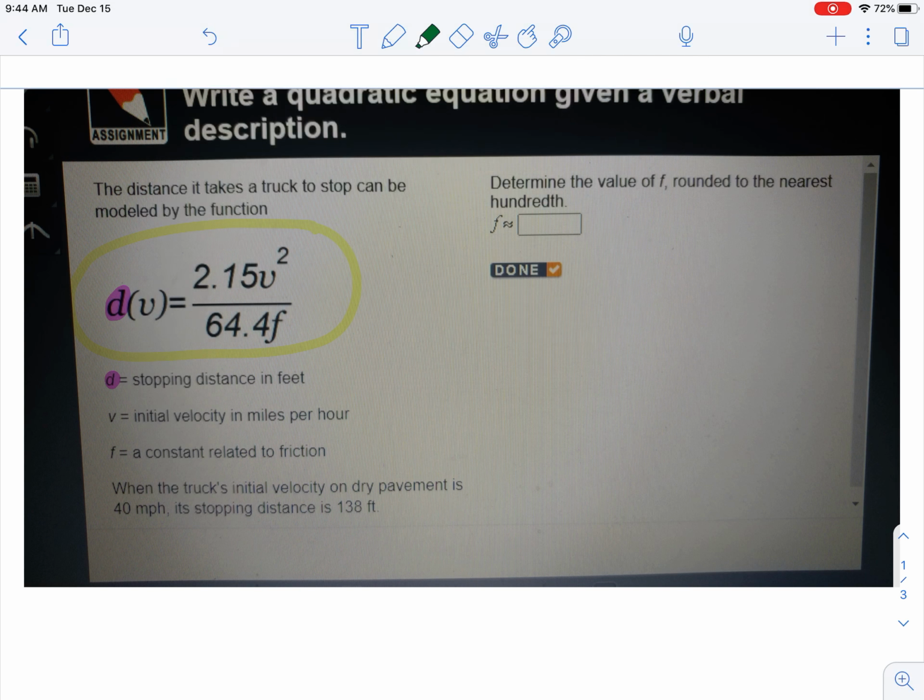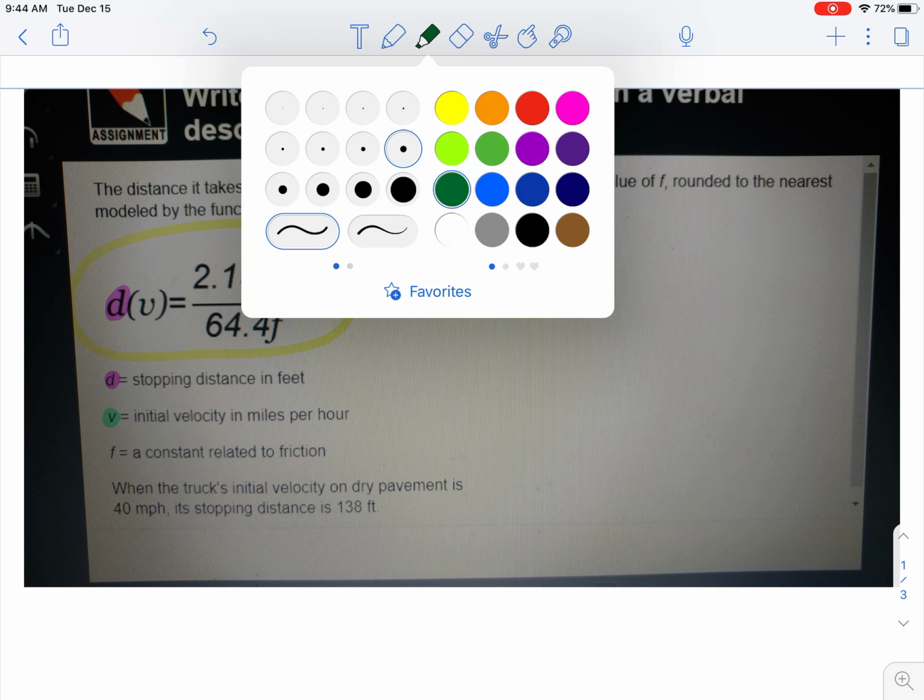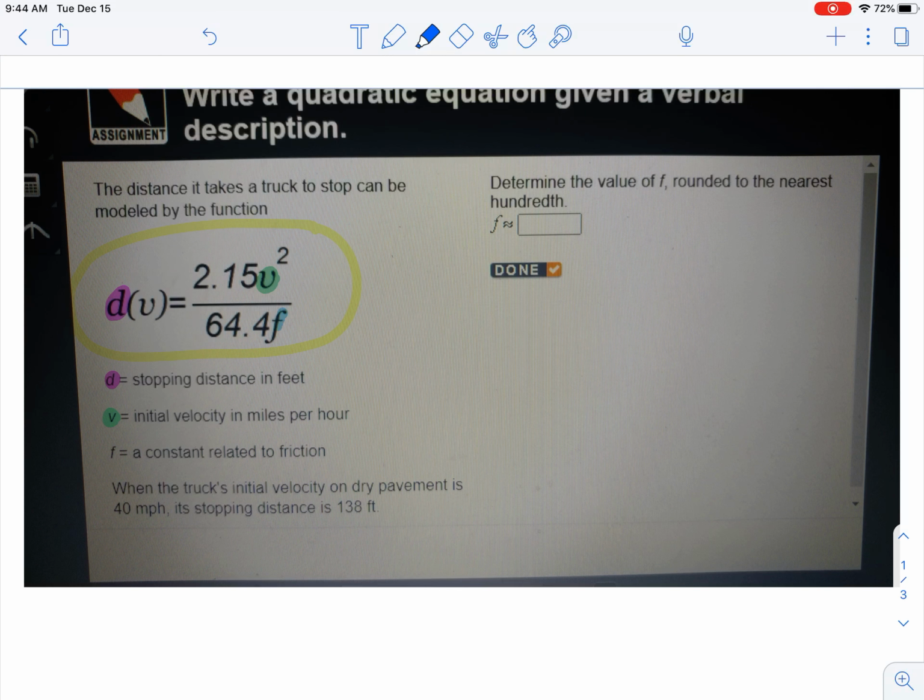I also see variable v right here. V stands for initial velocity in miles per hour. And the last one is f here, a constant related to friction.